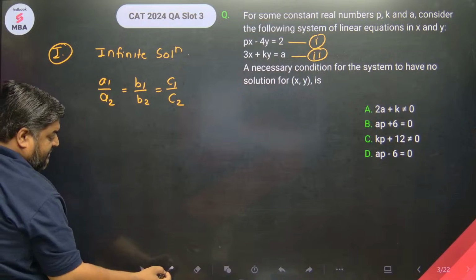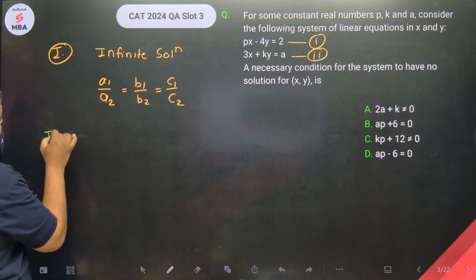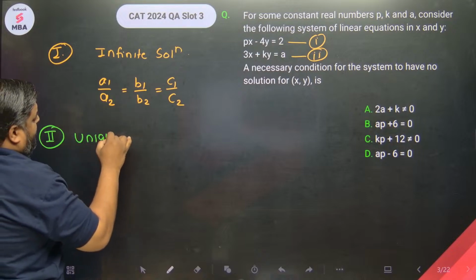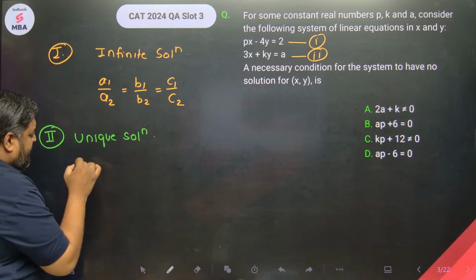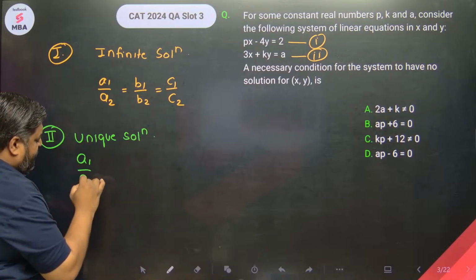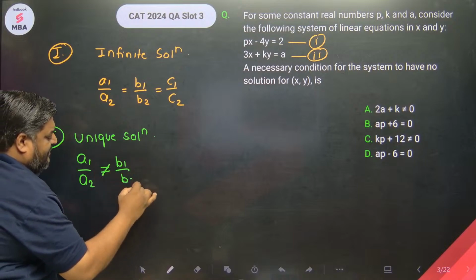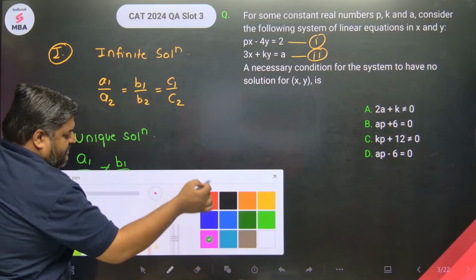The second one is unique solution. What is the case of unique solution? The unique solution case is when a1 by a2 is not equal to b1 by b2, right? And what about no solution?